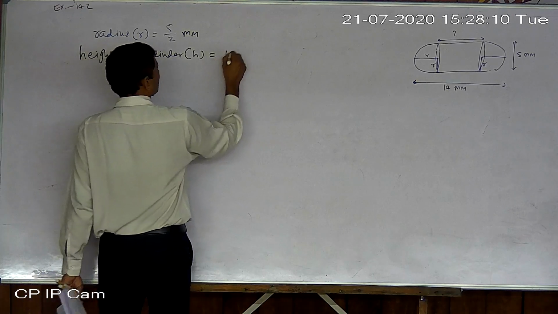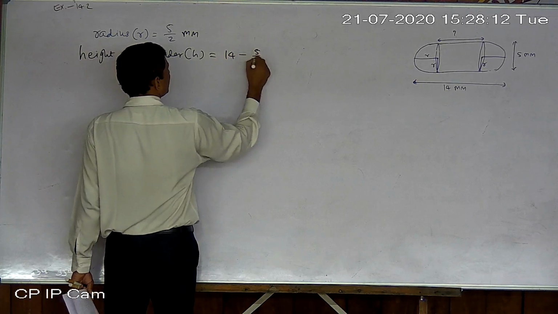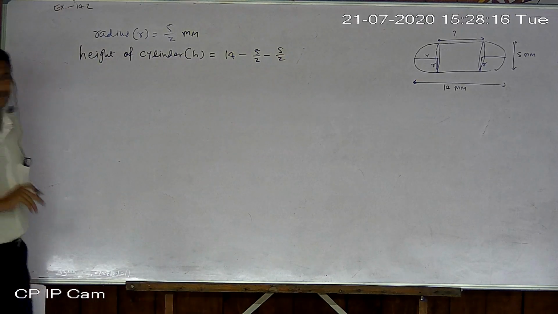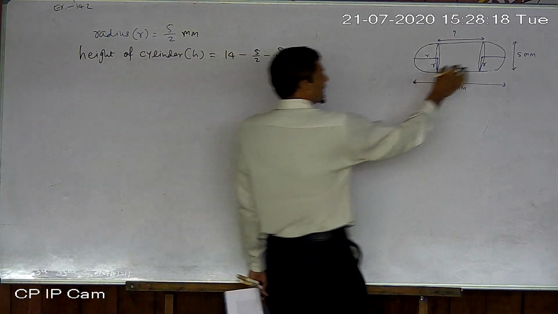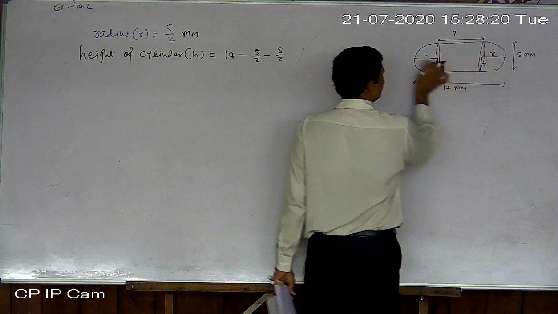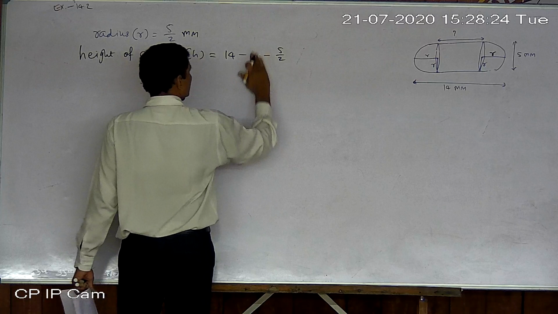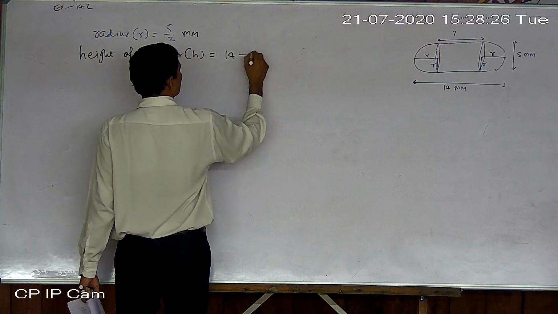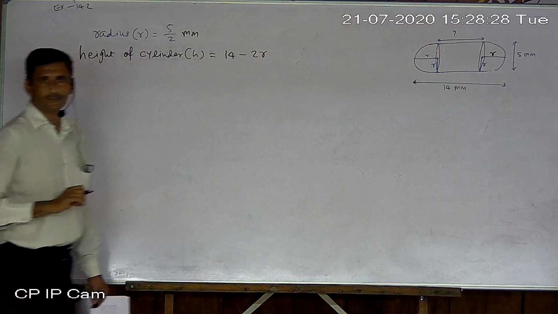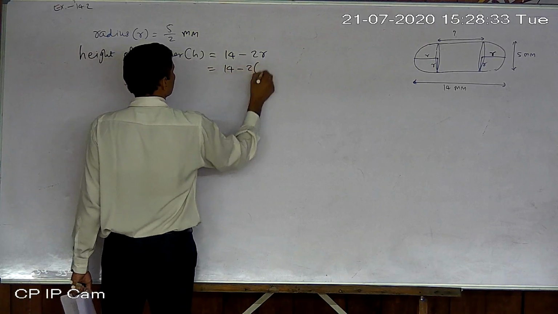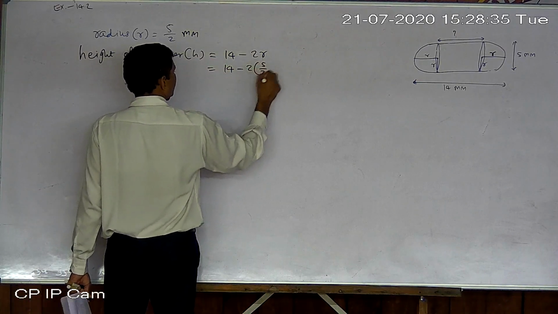Now how to find? 14 minus 5 by 2 minus 5 by 2. You understand? Why? Because one radius, another radius. So two radii are subtracted. Okay. So you can write it that way also: 2r. 2r means diameter itself. So 14 minus 2 radius, which is already found as 5 by 2.